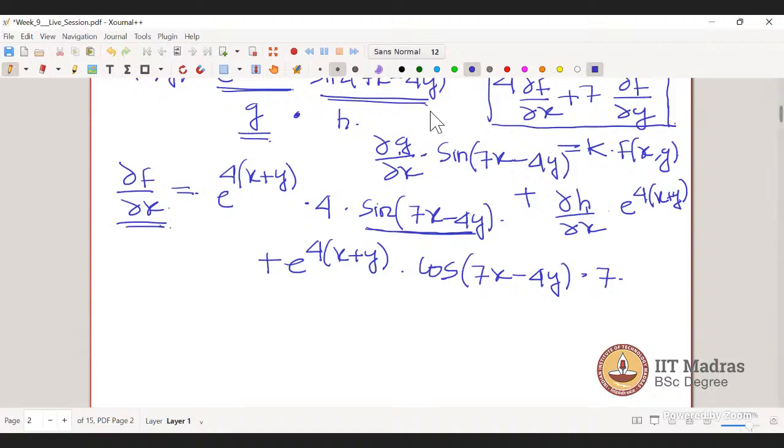Next we need to compute the partial derivative of f with respect to y.